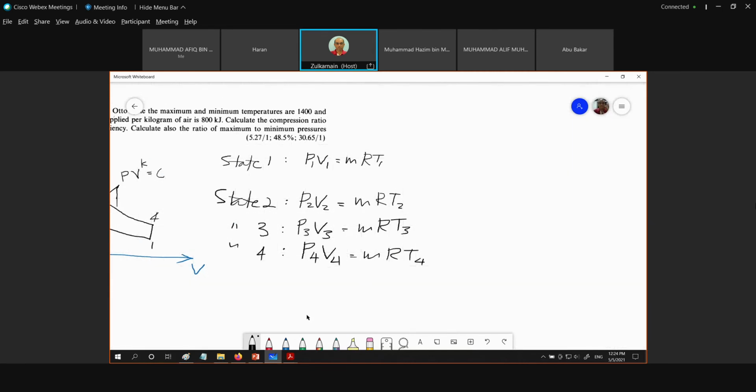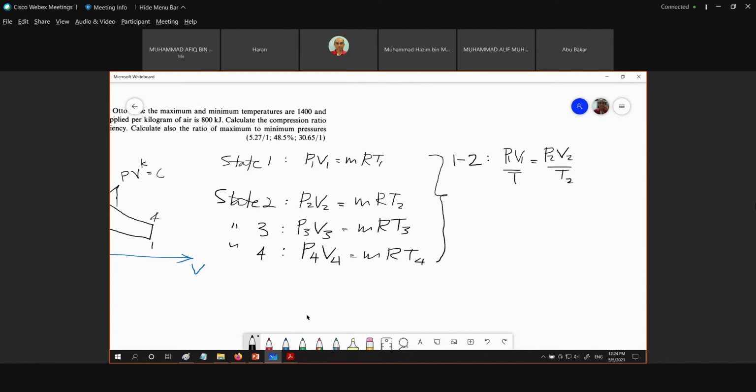And we have an extra equation, also called the ideal gas equation, but used for a given process, so 1 to 2. What do we have? P1 V1 over T1 equal to P2 V2 over T2.